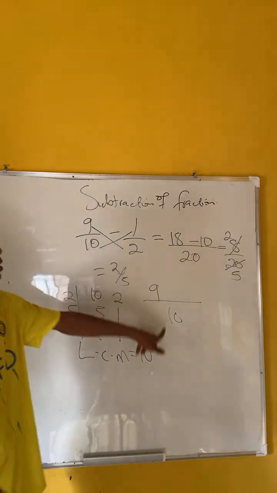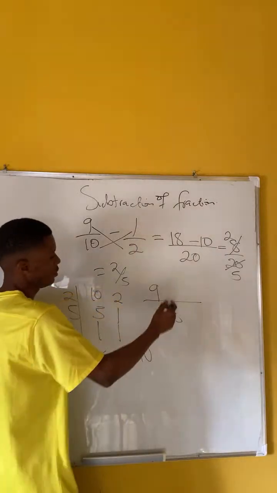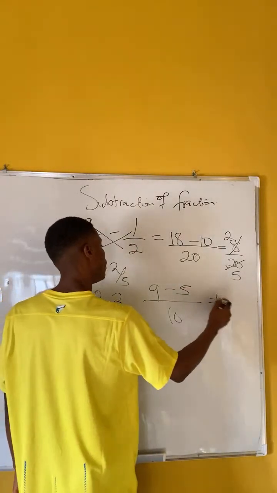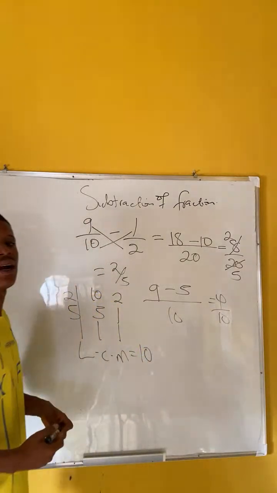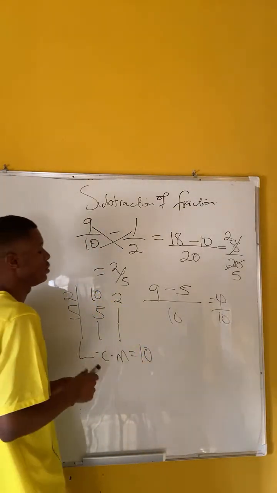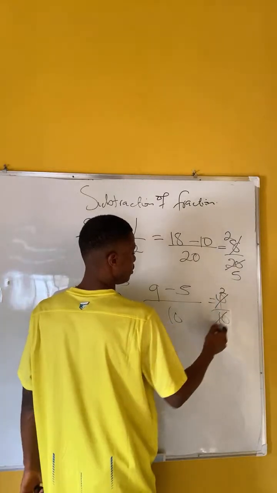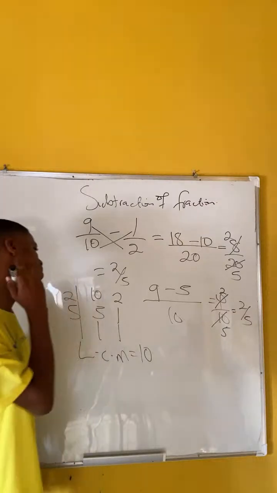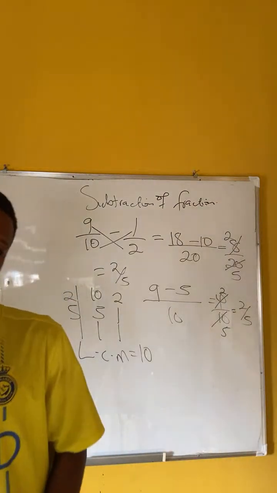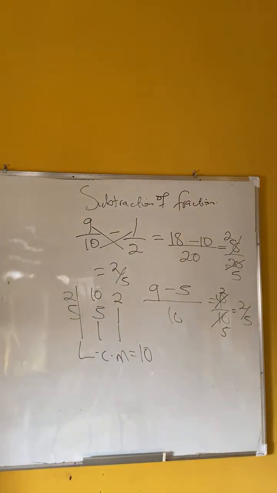Then 2 divides 10 is 5. 5 times 1 is 5. So you have 4 over 10. 2 divides 4 is 2, 2 divides 10 is 5. You have 2 over 5. And that's the required solution.